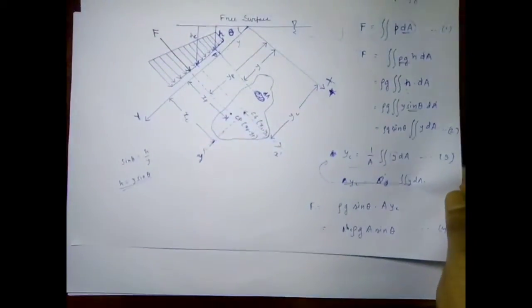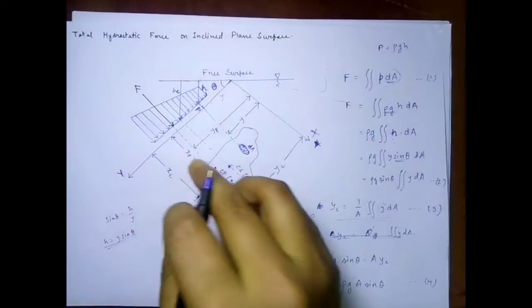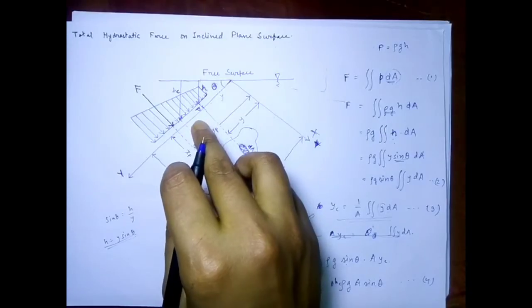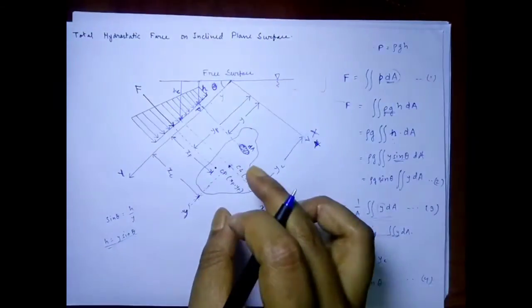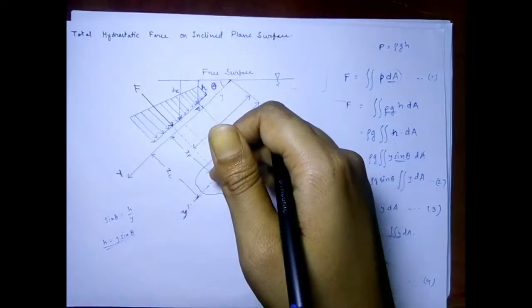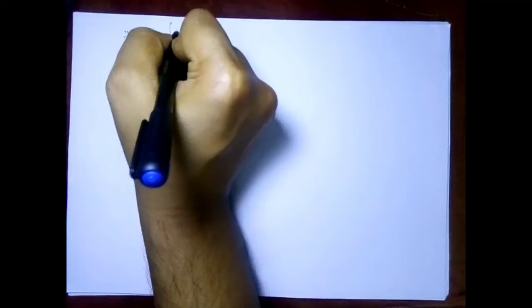We will now take up the moments of the resultant force about the x-axis. So the moment of the resultant force about the x-axis will be, suppose F and we have yp, so it will be F yp, or yp F, which will be equal to the integral of y dF.